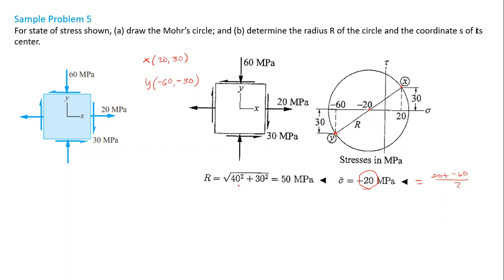So kung ano na siya, distance formula of 2 points itong x sub 2 minus x sub 1, square root of x sub 2 minus x sub 1 squared plus y sub 2 minus y sub 1 squared. So mo ni siya. Okay? So negative 60 minus negative 20 squared plus negative 30 minus 0 squared. So, muna siya. So, ito ang radius is 50 MPa.